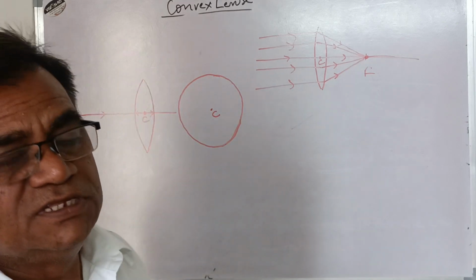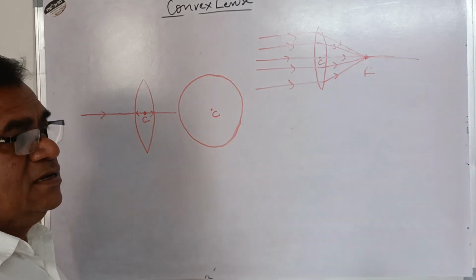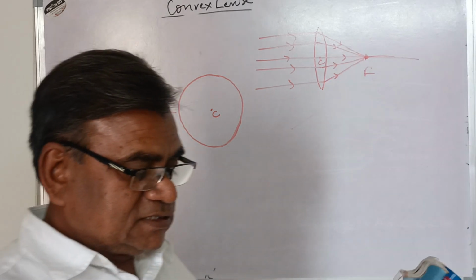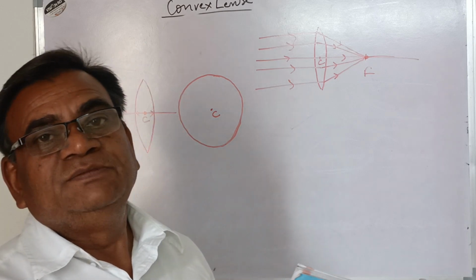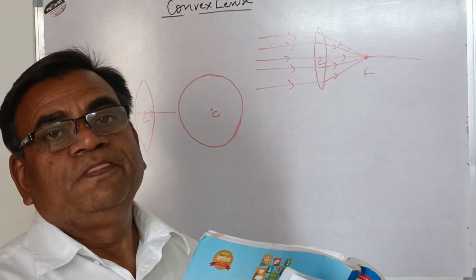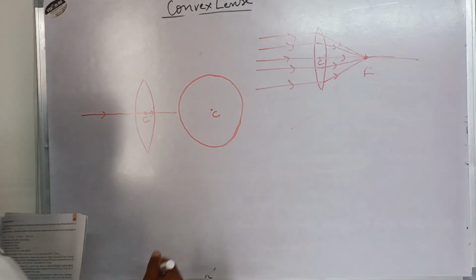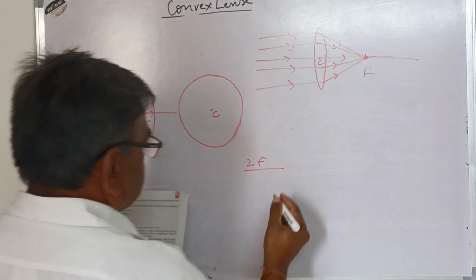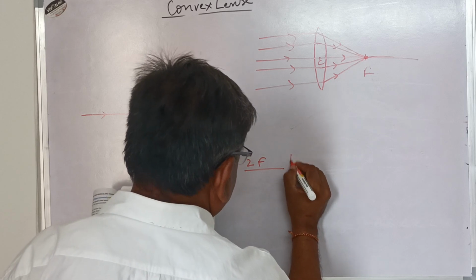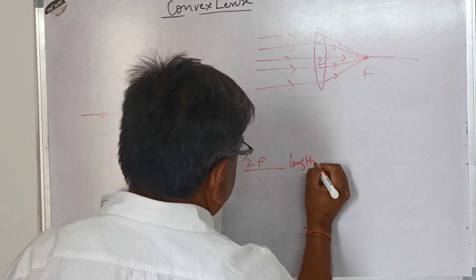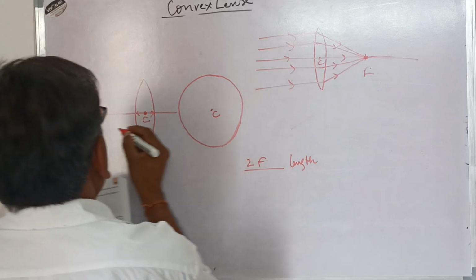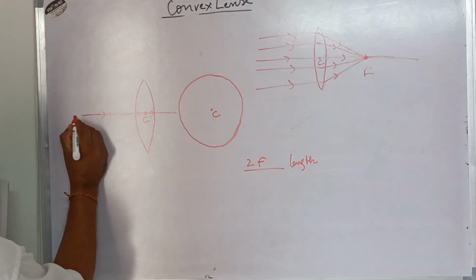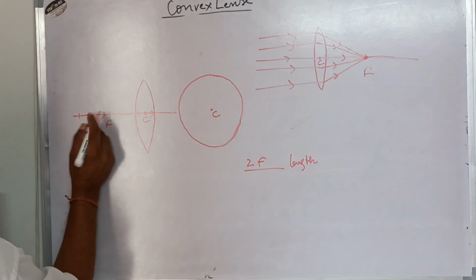So the object is 1 centimeter at 2f, so on the other side a 1 centimeter image will also be formed. So when the object is at 2f, here, this is f, this is 2f.